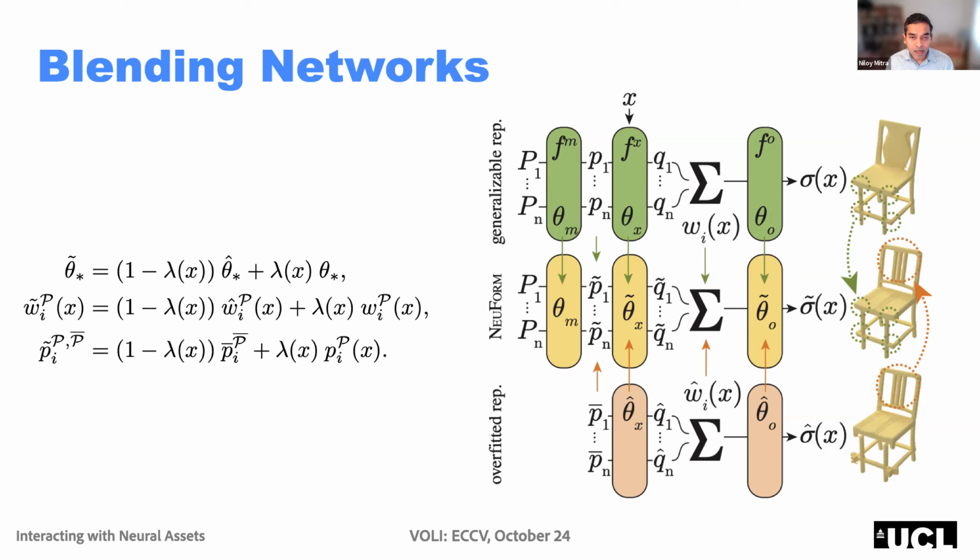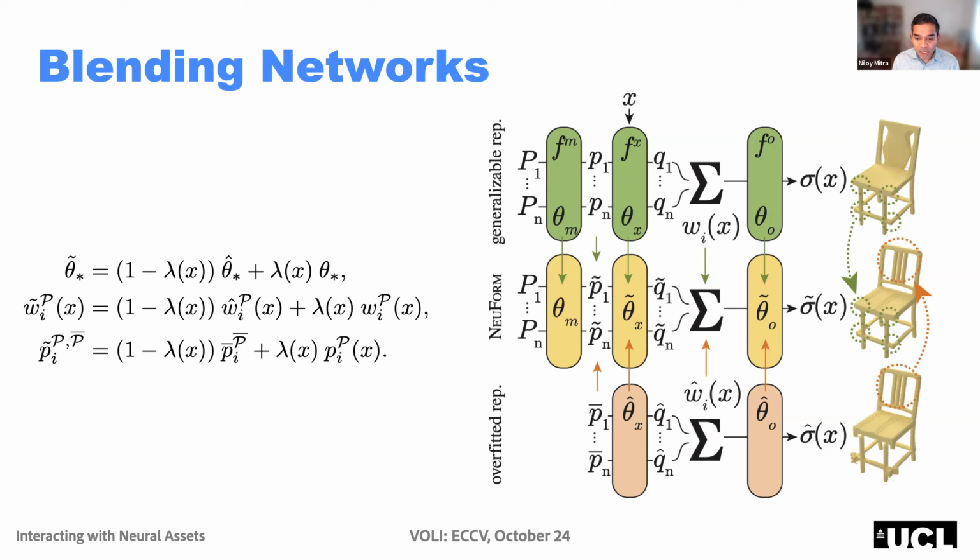The main architectural choice here was to design the generalizable and the overfitted networks in a way so that we can directly blend in the space of weights, the space of network parameters. And that's really useful. And the blending happens spatially. As we get closer to the actual junctions, the blending happens. Deep inside the junction, the generalizable model takes over.